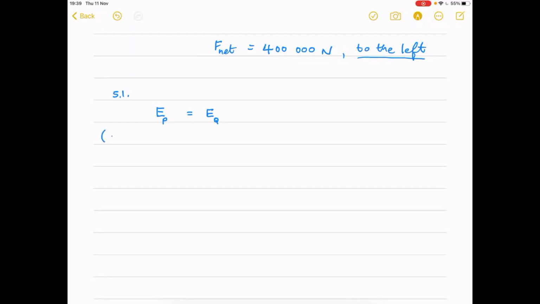So let's just write out the equation. So it's going to be mgh plus a half mv squared. All of this is at point P, right? That must be equal to mgh plus a half mv squared at Q. So I'm saying the total mechanical energy at point P is equal to the total mechanical energy at Q.